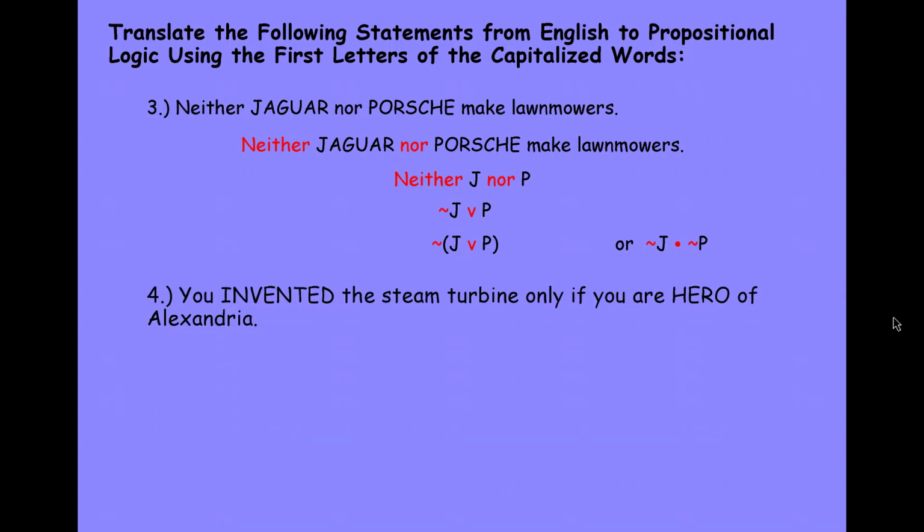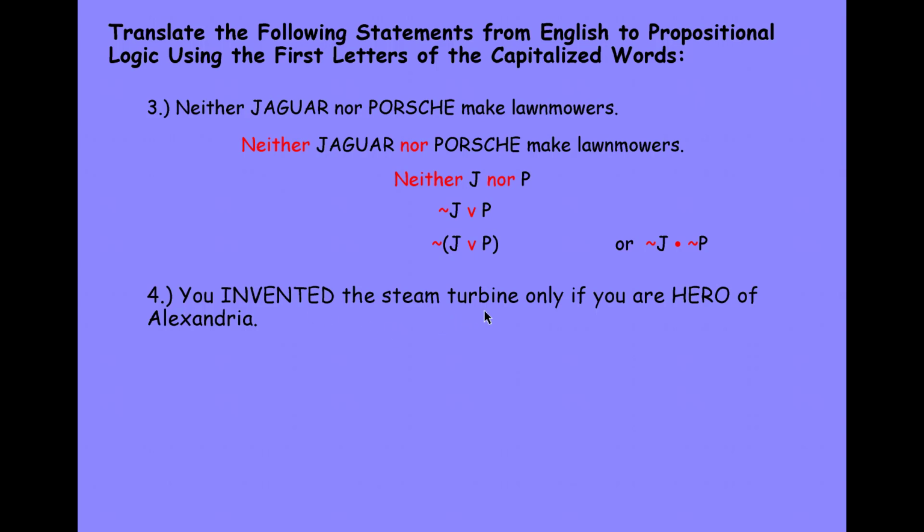You invented the steam turbine only if you're Hero of Alexandria. So we've got invented, all capitalized, and hero, the name of the person, all capitalized. So we're going to have two simple statements, one with an I, one with an H. Our logical form word or phrase then is going to be only if.